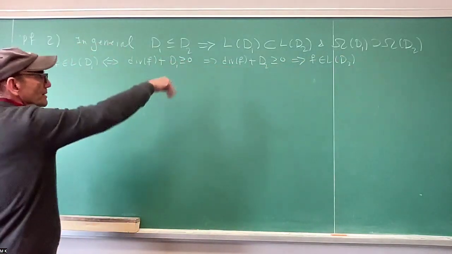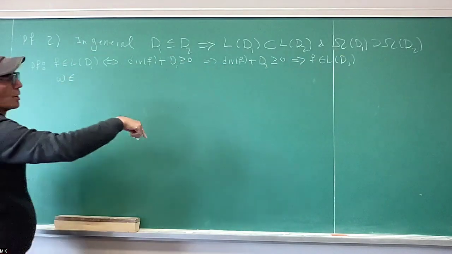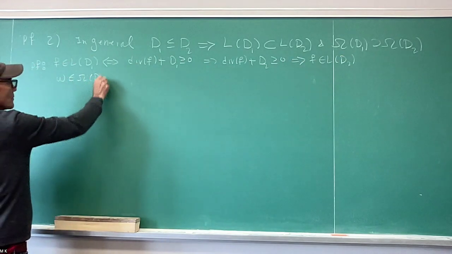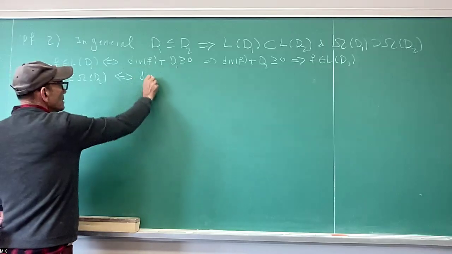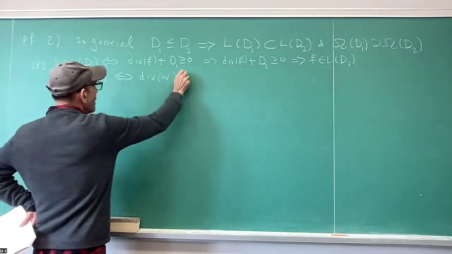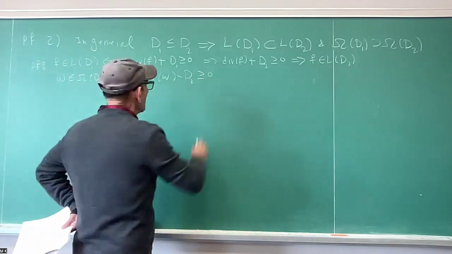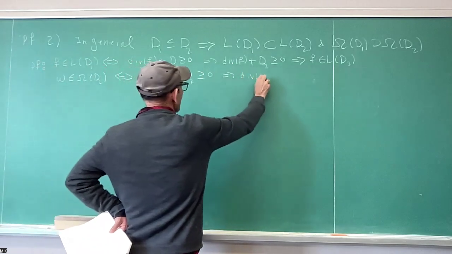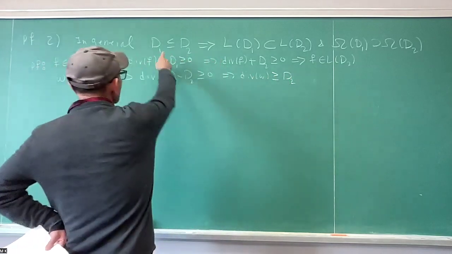And then for the second one, omega belonging to omega of D2, what does it mean? It means that the divisor of omega minus D2 is bigger than or equal to 0. So this implies that the divisor of omega is bigger than or equal to D2, which is bigger than or equal to D1.